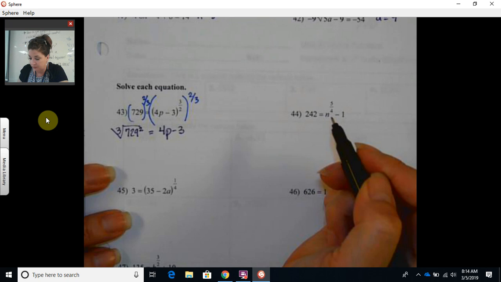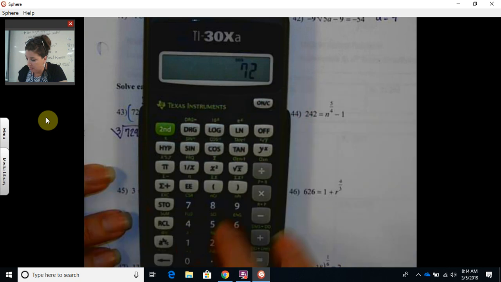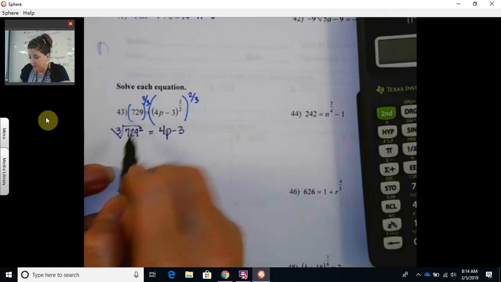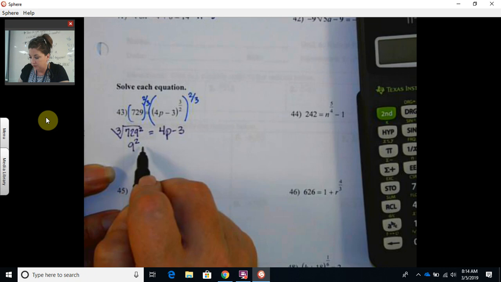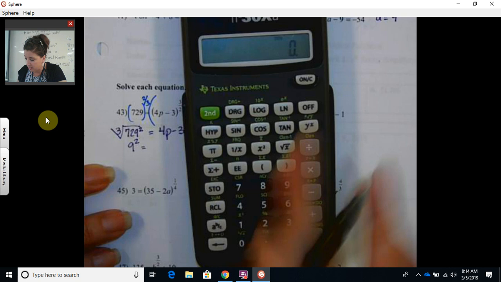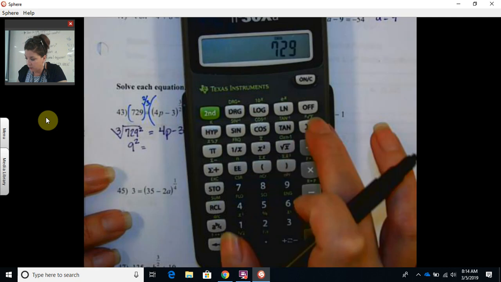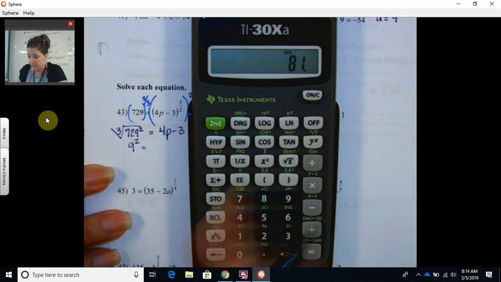So I'm hoping 729 is a perfect cube. Let's check it out. 729 cubed root. Boom. So if I take the cubed root first, cube root of 729 is 9, but then I'm going to have to square it. Or I could have squared it first, 729 squared is that number, and then take the cubed root of that, and I would still get 81, which is what I'm going to get here, right?